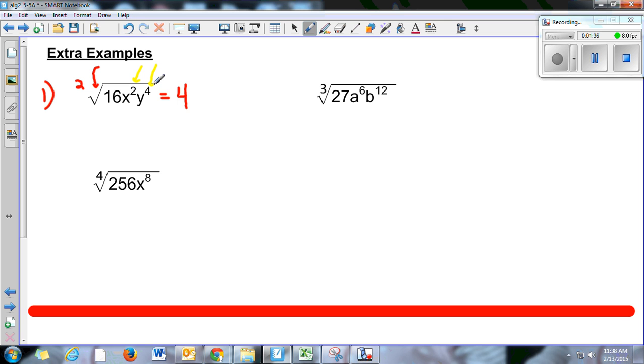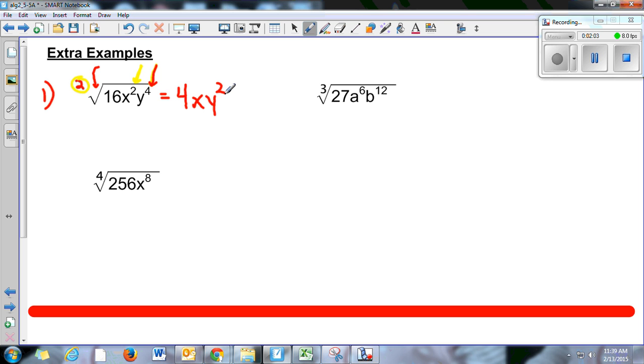So I can take my index of 2, divide it into my power of 2, and I come out with x to the first. I can take my power of 4, divide that by 2, that gives me 2, and so I've got y squared. And so I know the square root of 16x squared y to the fourth is nothing more than just 4x y squared.